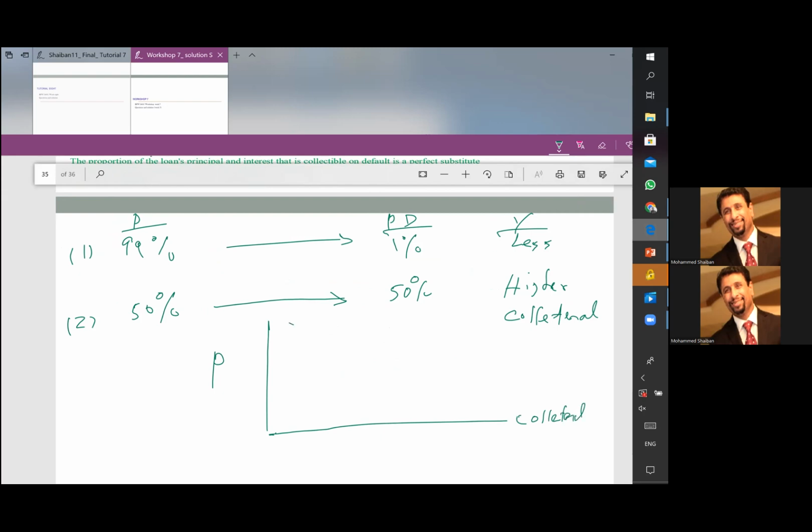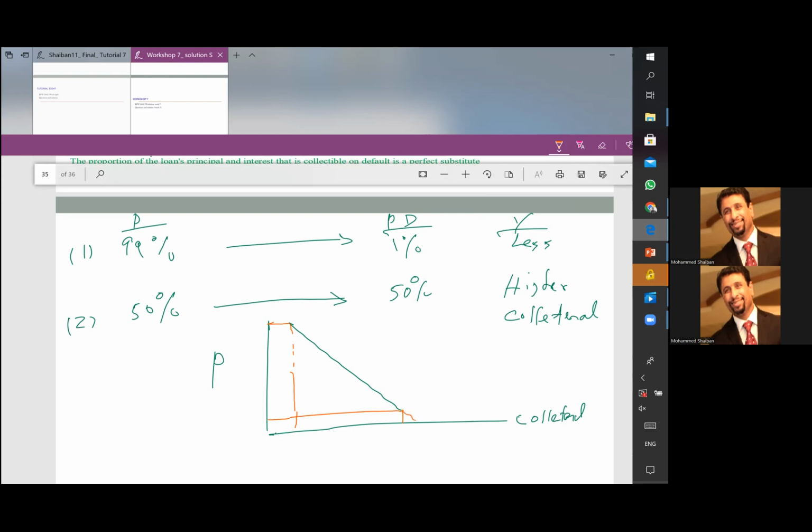If the probability of payment is less, you need more collateral. If the probability of payment is high, you need just this collateral. Here you need this collateral because his probability of payment is here, and his probability of payment is here.